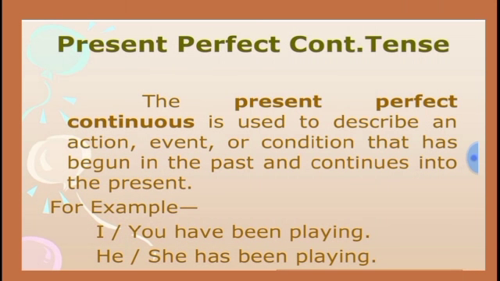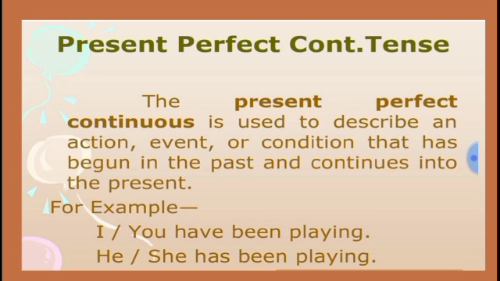So for example, I have been playing means right from some time before till now I am playing. So I have been playing or you have been playing means the first and the second, first person is I, you is the second person and third person is they. So they have been playing. Then he or she has been playing. This is again the third person.